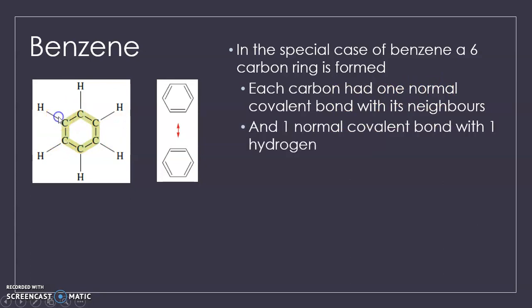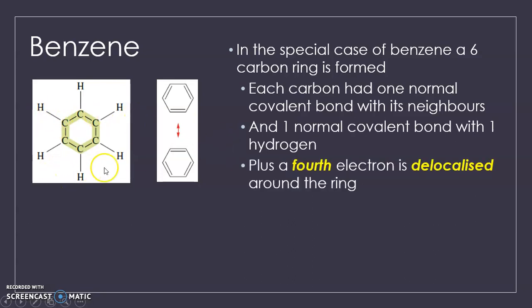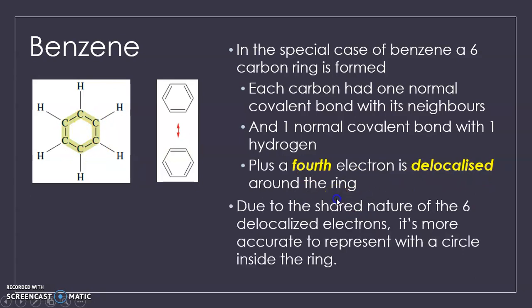They also have one normal covalent bond with 1 hydrogen, but the 4th electron on each of the 6 carbons is delocalized around the ring. So they are actually shared among all 6 carbons, as if each one donates 1 electron to the middle, forming a shared electron cloud structure.